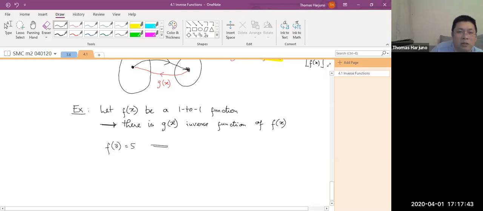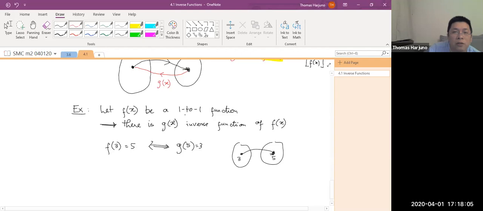It means g(5) equals 3. If the function sends 3 to 5 in the range, then the inverse function will send 5 back to 3.